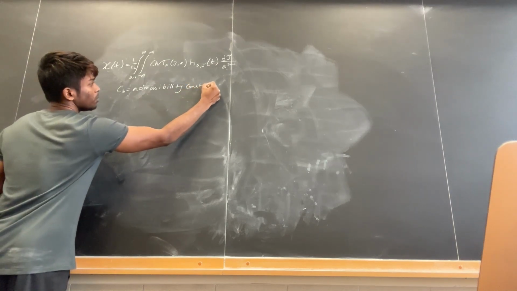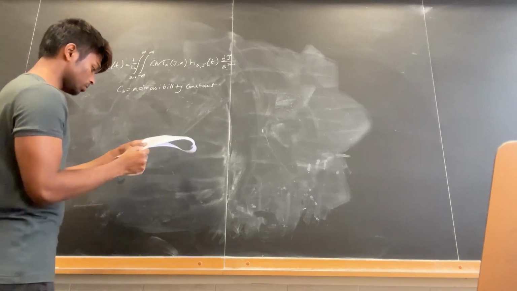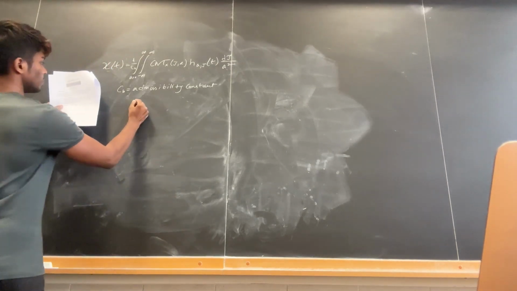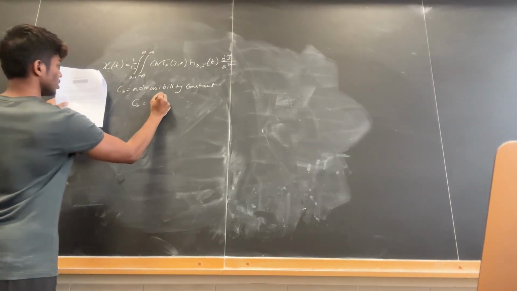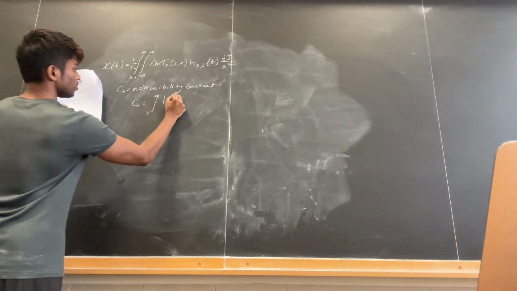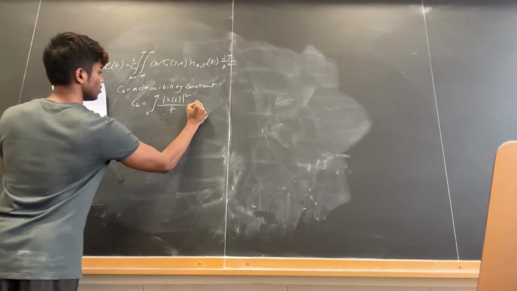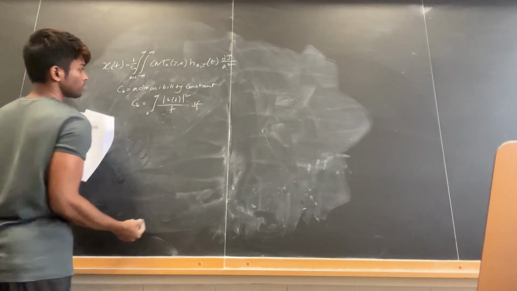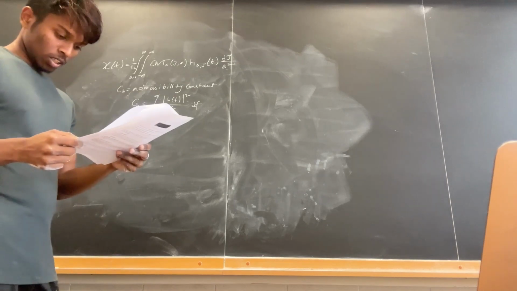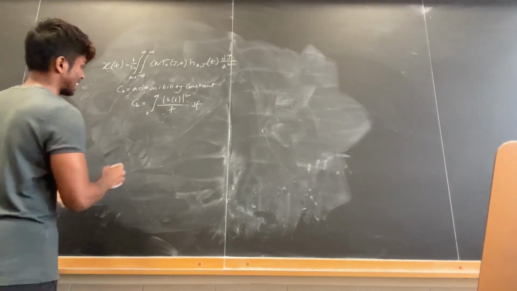Now what is this admissibility constant by definition? This is my own note. So Ch is equal to the integration from 0 to infinity of mod of H(f) square by f df. That's the admissibility constant. A lot of math behind it basically.